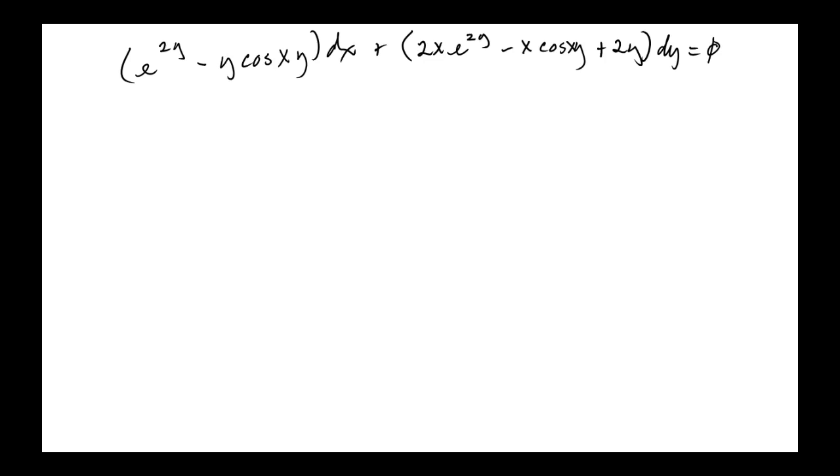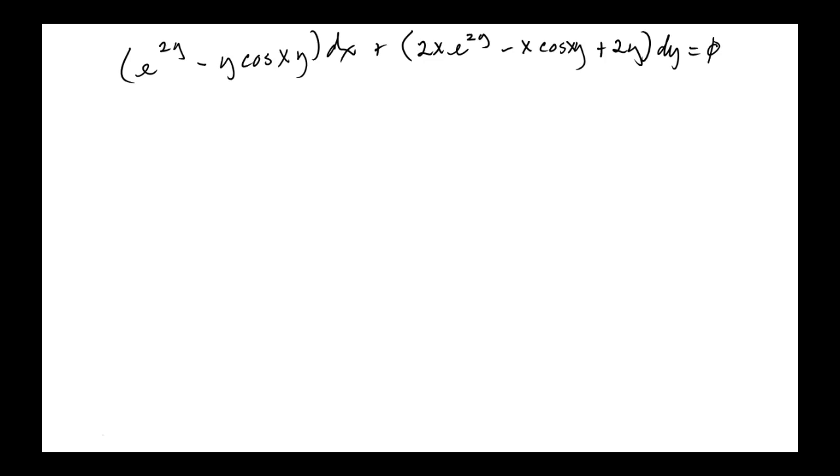Think it might be linear? You've got cosine xy, e to the 2y. Nope, not going to be linear. So the only hope we have so far is that this is exact.